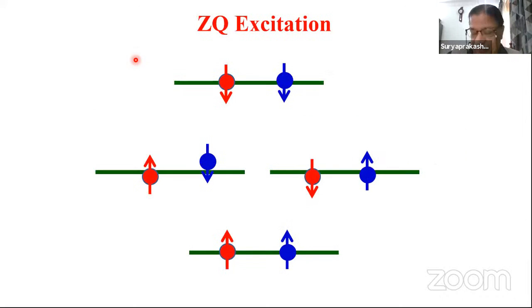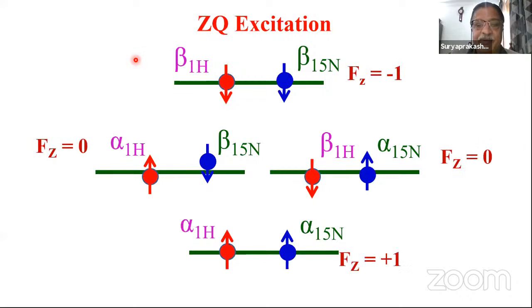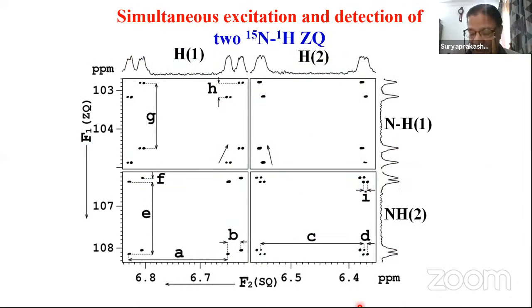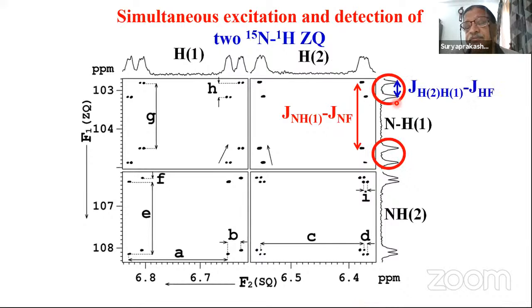So what we did is we went to zero quantum excitation instead of double quantum. We did it like this, and this is the experiment. This is where I wanted to tell you: look at the separation here. Compared to the previous one, this is enhanced. In the double quantum dimension, J couplings always add up. In the zero quantum dimension, there will be a difference between the J couplings.